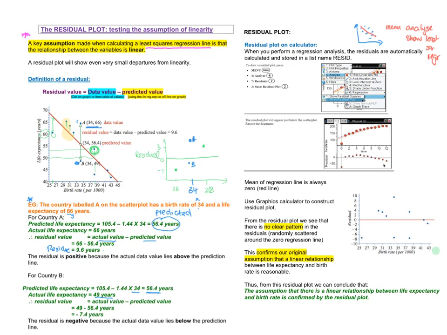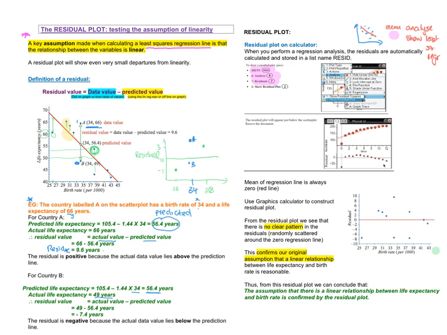Only once you've done that will you have the ability to get the residual plot. Once again, the instructions are here. You press menu, analyze, and then you can get residuals. You won't be able to get that unless you've done the step up here. And then show residual plot.